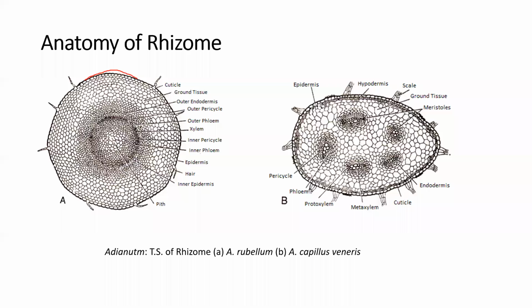The stele is covered with a single layer structure that is known as endodermis. Inside the cortical region, a single layer of endodermis has been observed.